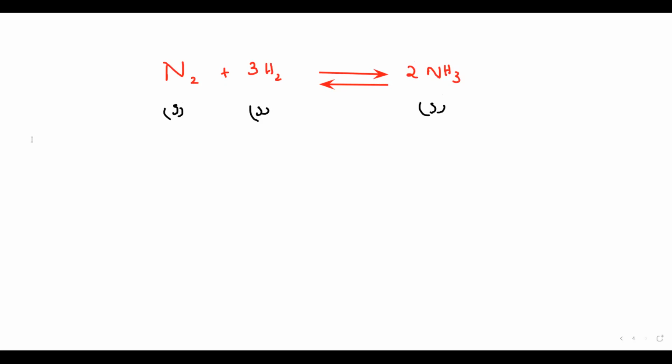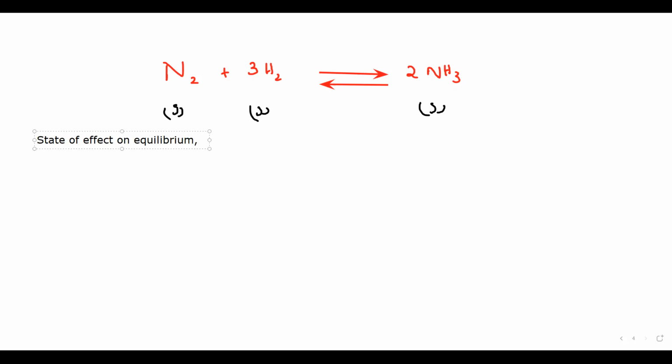Now what we have to do is state the effect on equilibrium, the yield of a product, and the rate of the reaction.